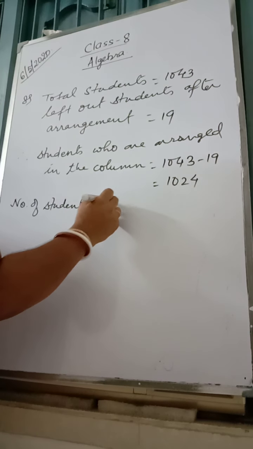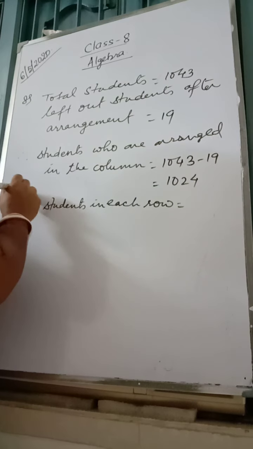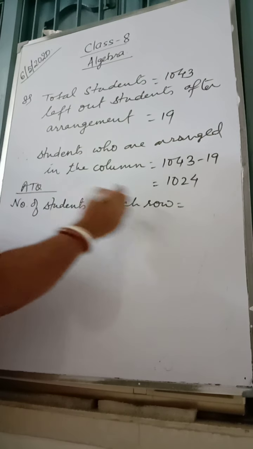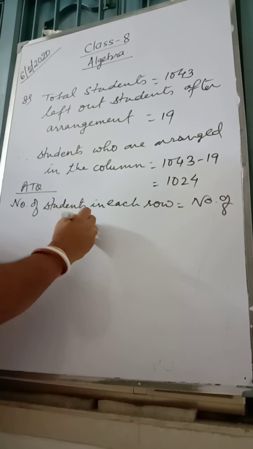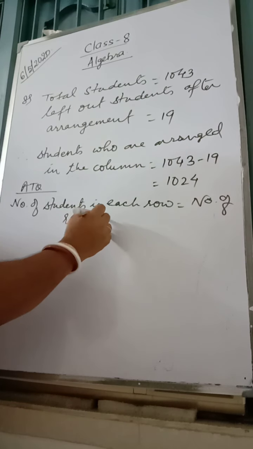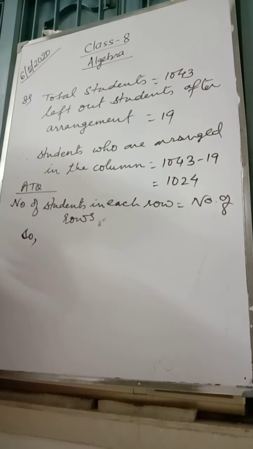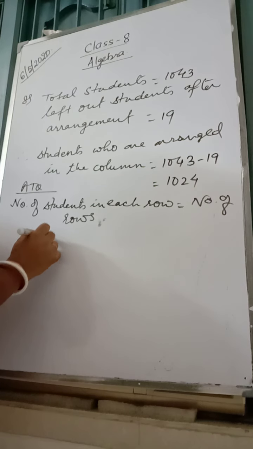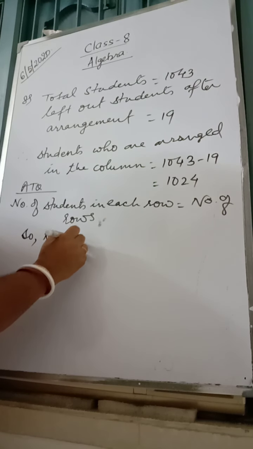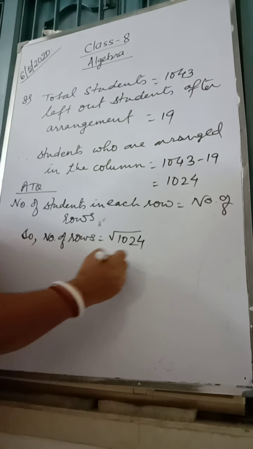in each row is equal to, according to the question, number of rows is equal. So number of rows is equal to under root 1024.